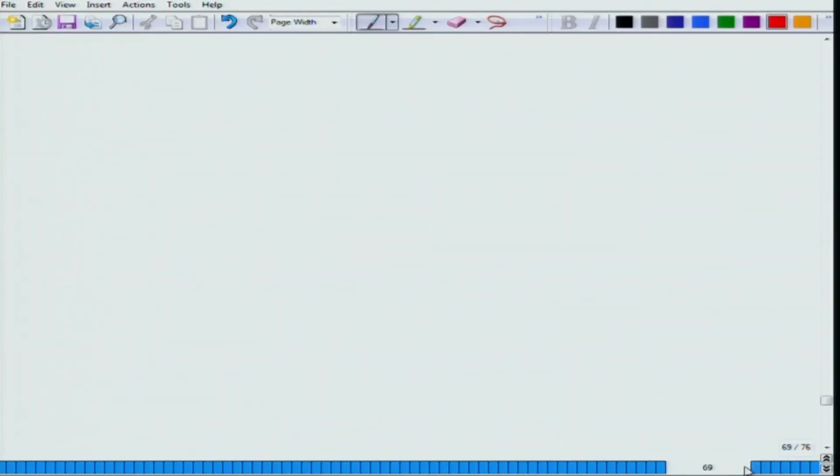So, again we start with hemocytoblast. Now, let me use some other color. Hemocytoblast. I showed you the one division on that side, because they form lymphoid stem cells.